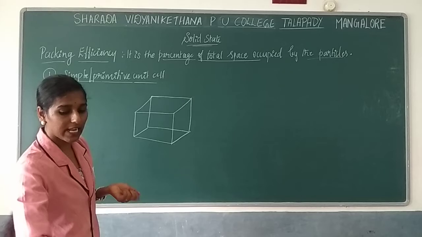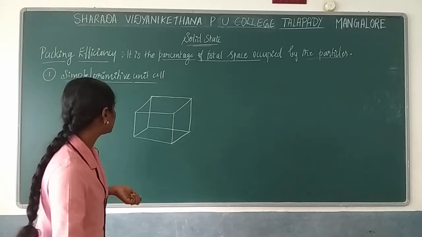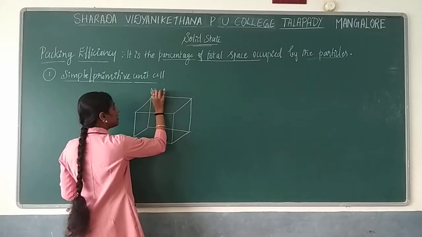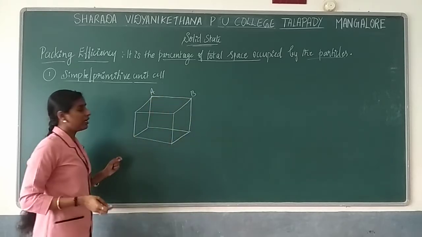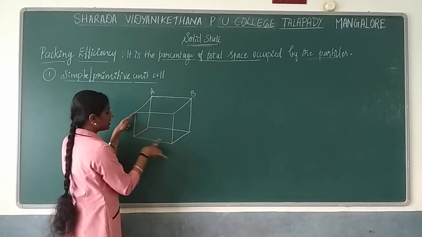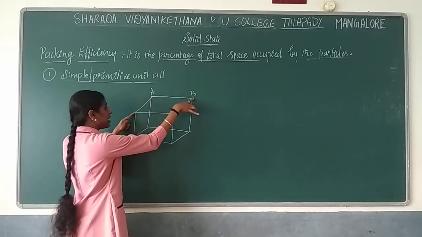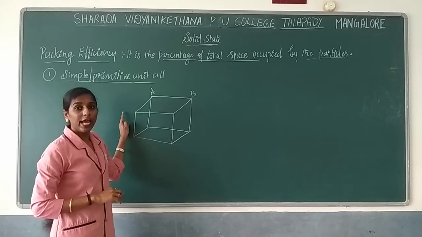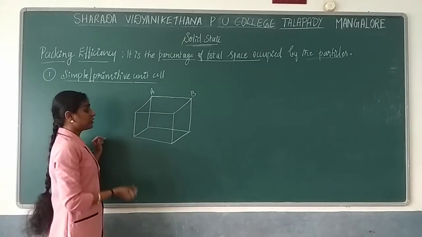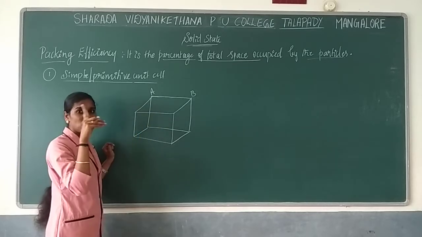Simple unit cell means what? Where the particles will be present only at the corners. All the corners will be having the particles. So if we consider, a total of 8 particles will be there with the simple unit cell, right? Of which the part that belongs to this unit cell is only 1.